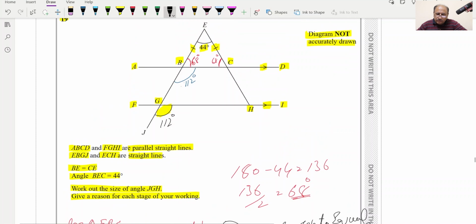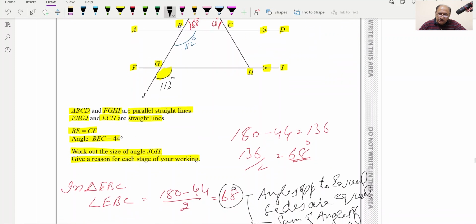These are basically same angles on parallel lines, parallel lines intersected by the straight line JE.